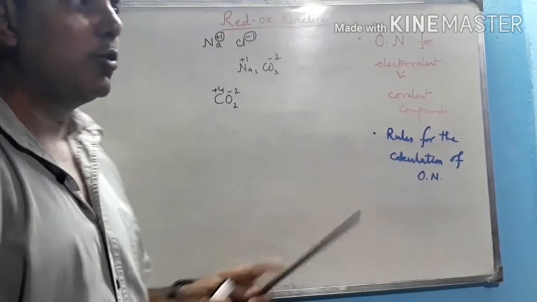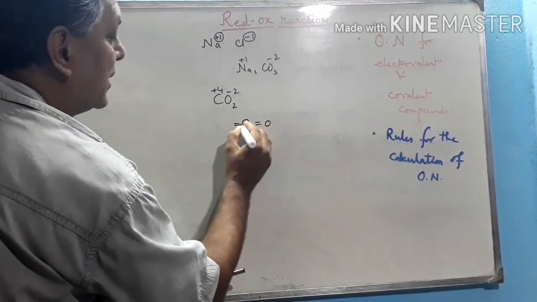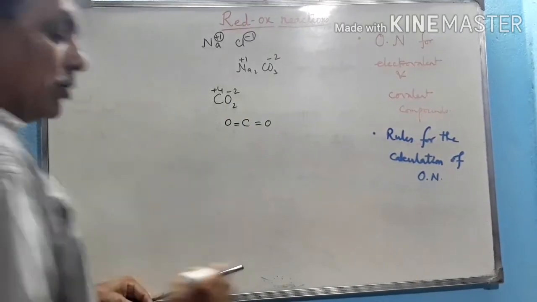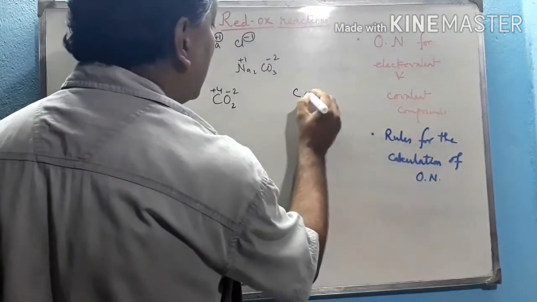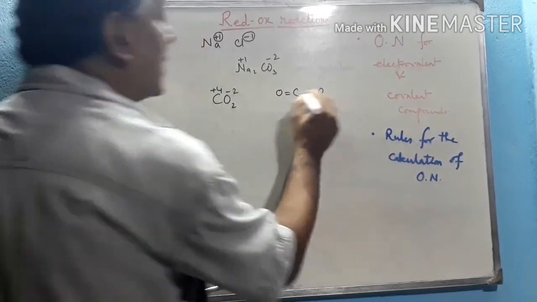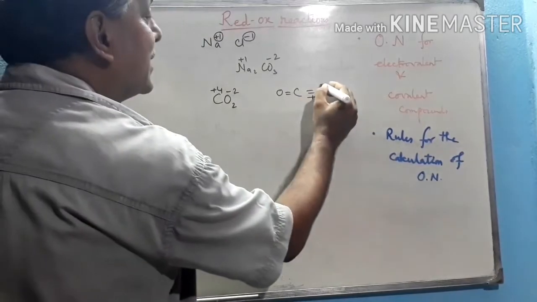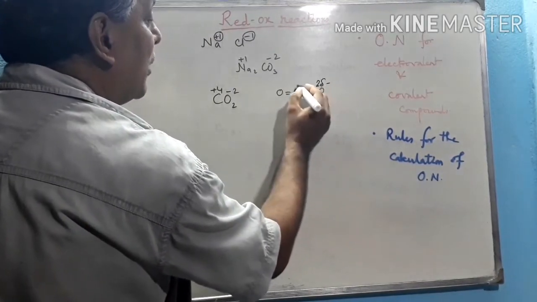Here C double bond O is a polar bond. We know the structure of CO2 is like this. In such a bond, the oxygen attracts the electron density towards it and hence occupies delta negative charge.